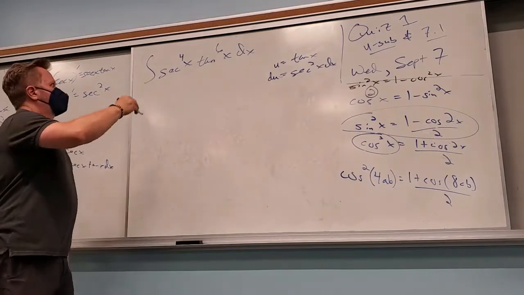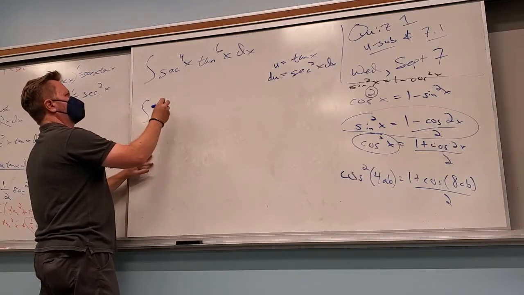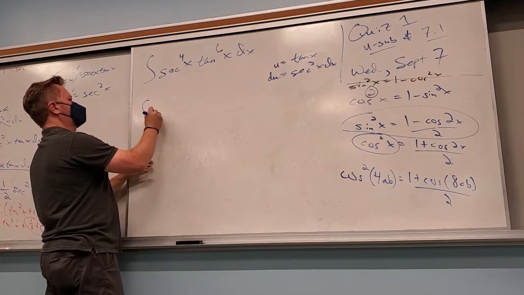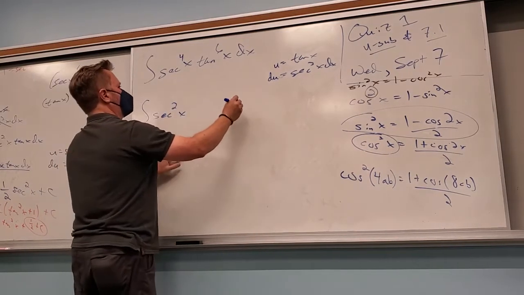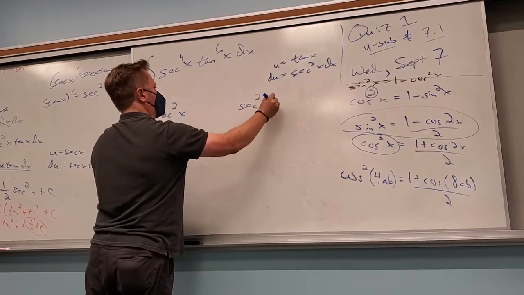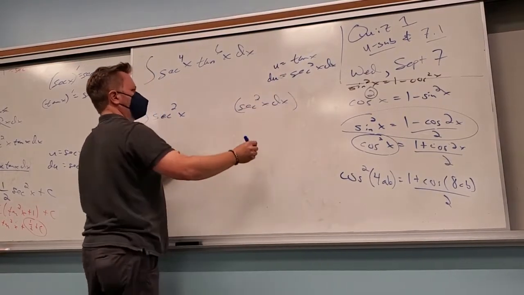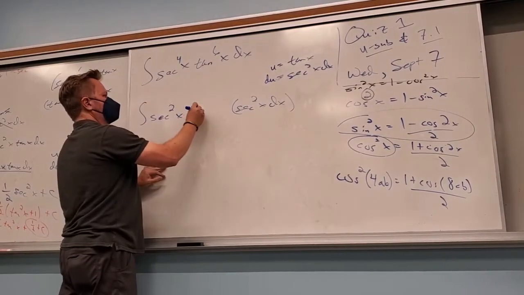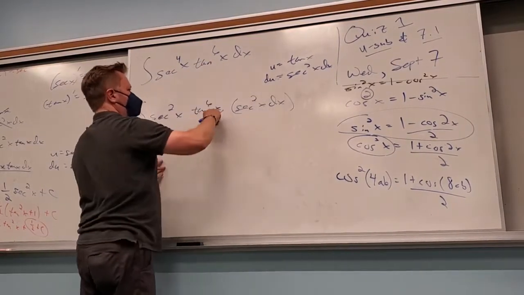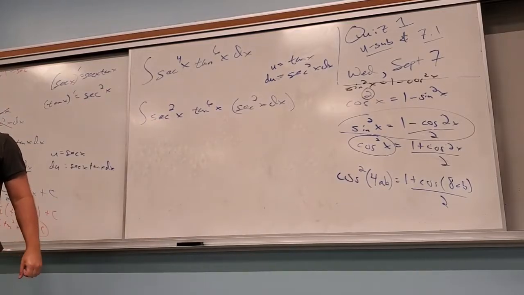So I need to find secant squared. So I'm going to take two of these over here. That's my du. And then I've got my tangent to the 6th, and that's u, so it's going to become u to the 6th.